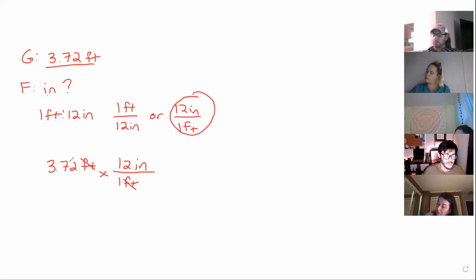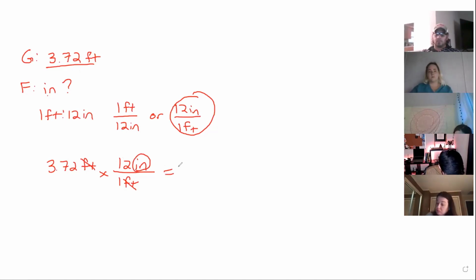Anything on the top of these fraction bars is multiplied together. Anything below a fraction bar is divided. So we're going to take that 3.72 and multiply it by 12. I know you were maybe thinking, obviously you multiply by 12 because you're comfortable with feet and inches. But if you're dealing with something you're not as comfortable with, or the conversion factor isn't as intuitive, you want to be able to set it up in dimensional analysis.